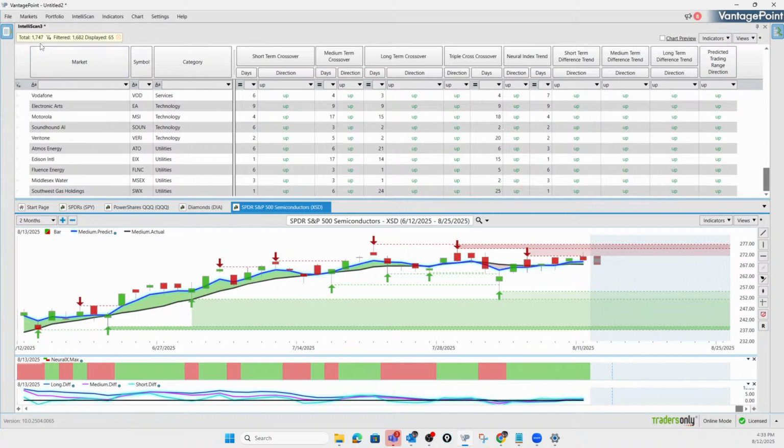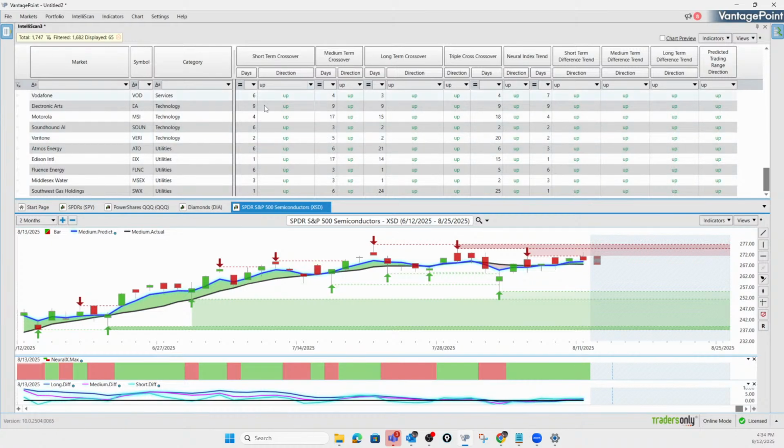So plenty of opportunity that VantagePoint forecasts for, and these are just the individual stocks. You could also add in the other opportunities as well, right? Now you can see that we filtered out 1,682 with 65 meeting that setup requirement that we set forth in the scan here, just looking for all signs going up, right? We want full confirmation across the board.